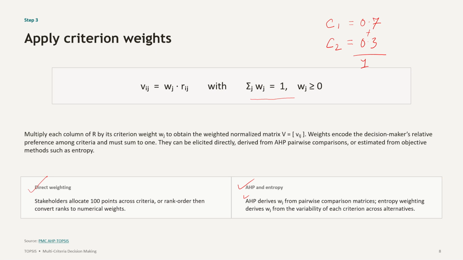This weightage is directly proportional to the significance of that criteria. Okay, so both the methods you can use. If you use direct weighting, there is human bias. If you change the nature or type of the stakeholders, it will yield a different weight. But if you remain with that, it will always give you the same weights. But in case of AHP and entropy, there is no chance of human bias. Always the weights will be the same.